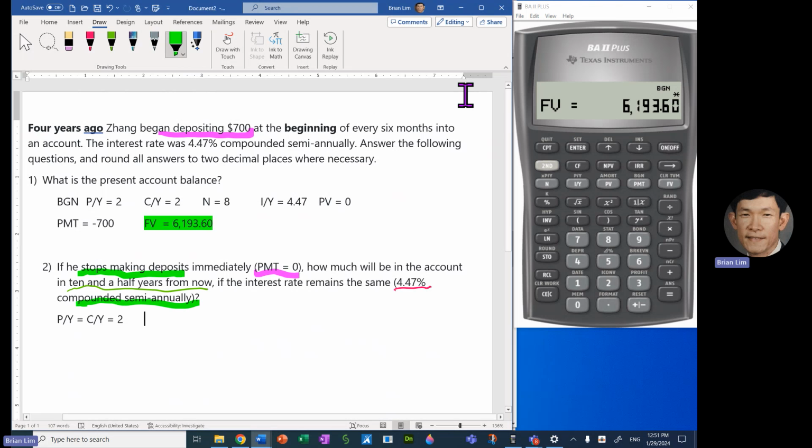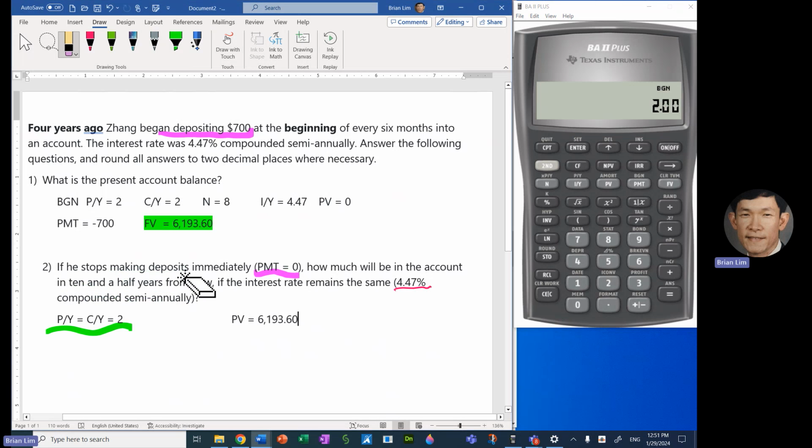Okay, so let's go and see. Now, this value right here, the future value, remember I said it would become the present value. So the present value would be equal to 6193.60. So let's just enter that as the present value for the next set of calculations. Now, PY is 2 and CY is 2, so we have taken care of this entry right here. So let's clear these out now so we can proceed.